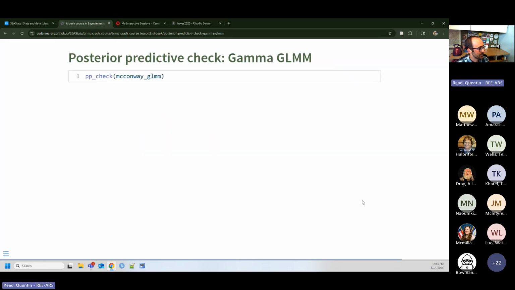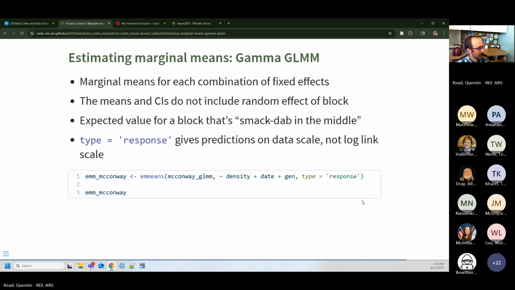Let's see. Yes. Oh, and actually, on the slides, I have that we would want to look at the estimated marginal means for every combination of treatment. And this is how you would do that: density plus date plus genotype. You don't have to put asterisks. It will give you every combination if you do it that way. And again, the estimated marginal means will set the random effects to 0.